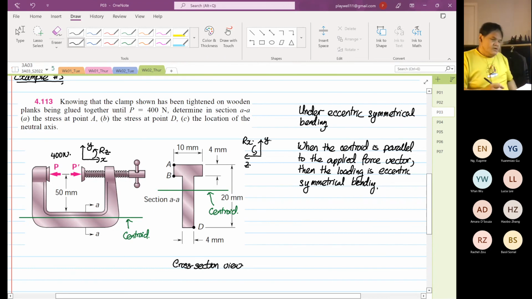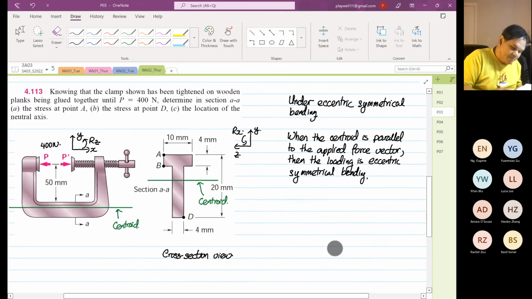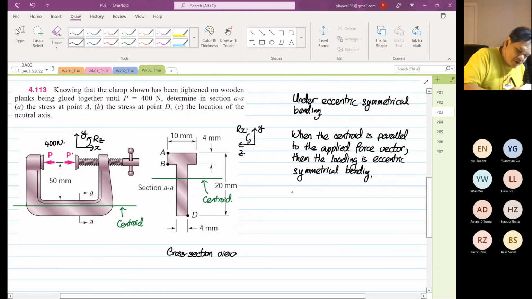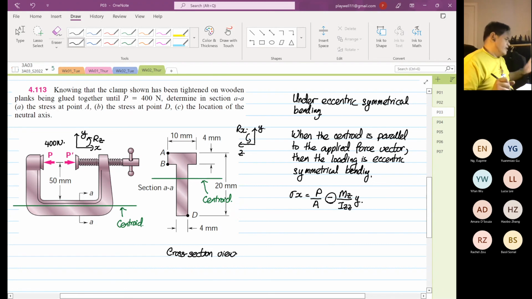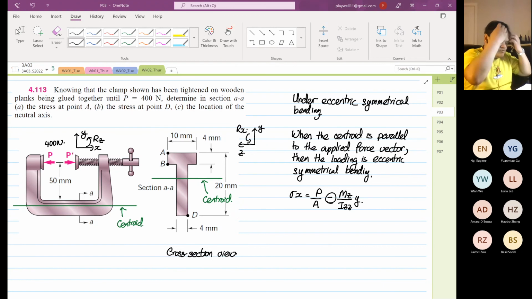Okay. So for this case, we know that the formula that we have to apply is stress x is equal to P over A, right, minus Mz over Izz multiplied by y. Now, as I said, I don't want you all to worry about the plus minus sign down here. I teach you how to visualize.